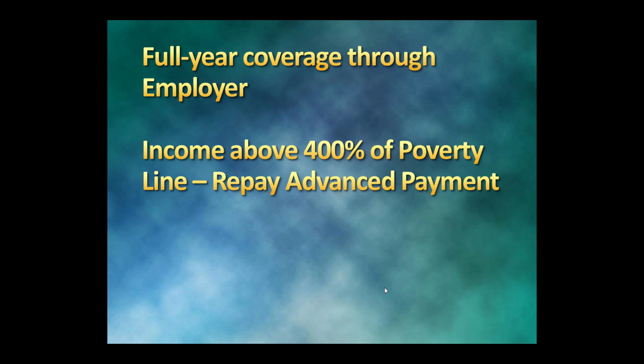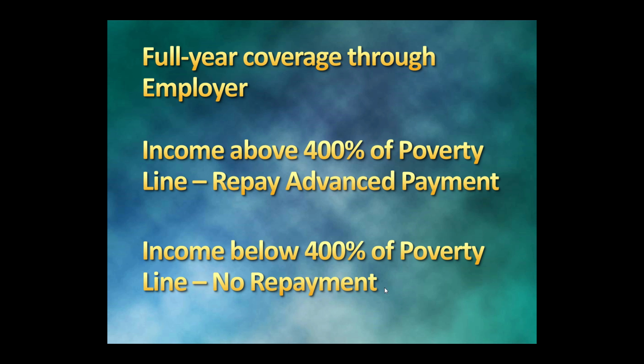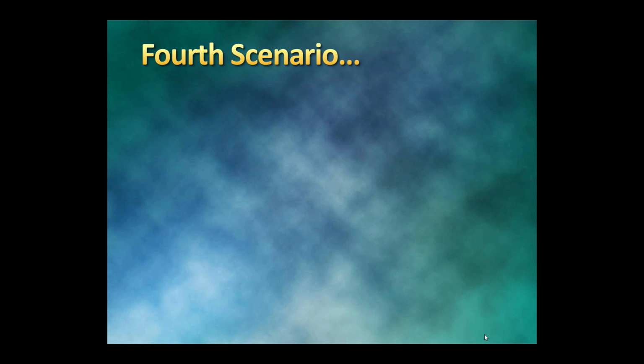Second scenario, our client received healthcare insurance through healthcare.gov, but since my client exceeded 400% of the federal poverty line, he had to pay back those subsidies that he received during the year. And in the third scenario, we placed our client's income below the 400% federal poverty line, and my client did not have to pay back those subsidies in that scenario.